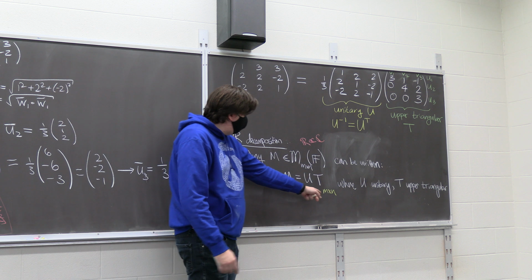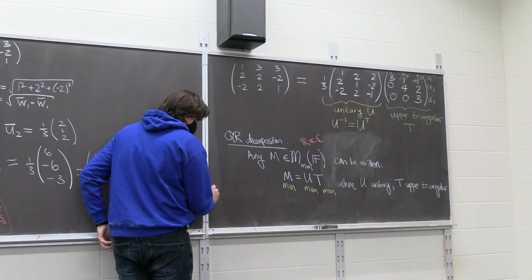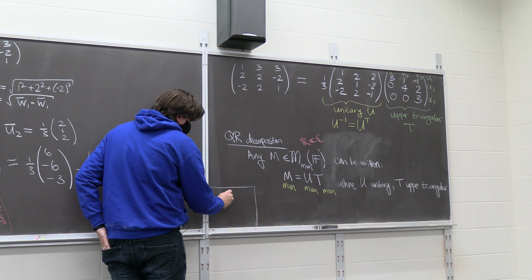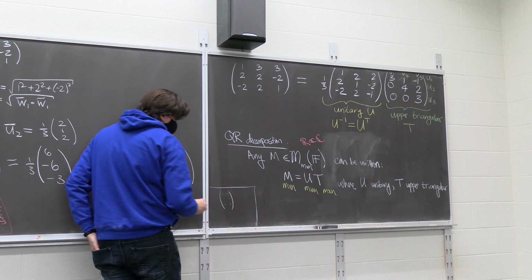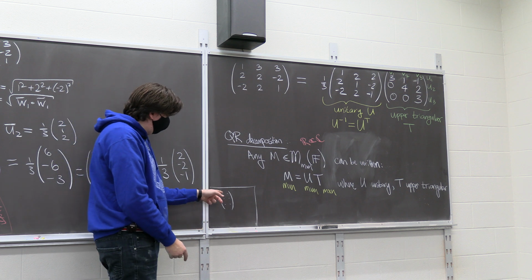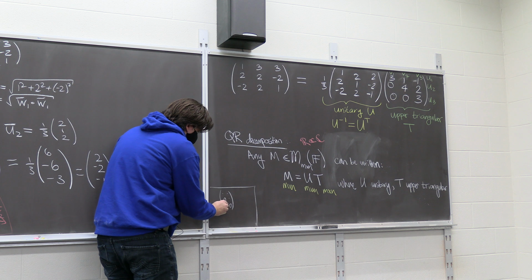What do I mean for an M by N matrix to be upper triangular? Just note, what if I have something like a 2 by 3, some matrix of values like this? To be upper triangular, you still just begin going down the diagonal, and everything below it is zeros.